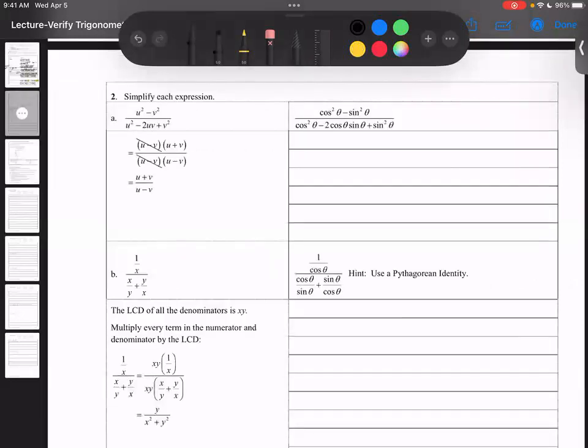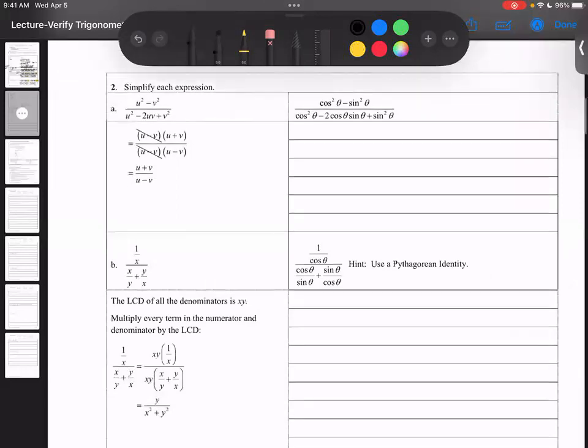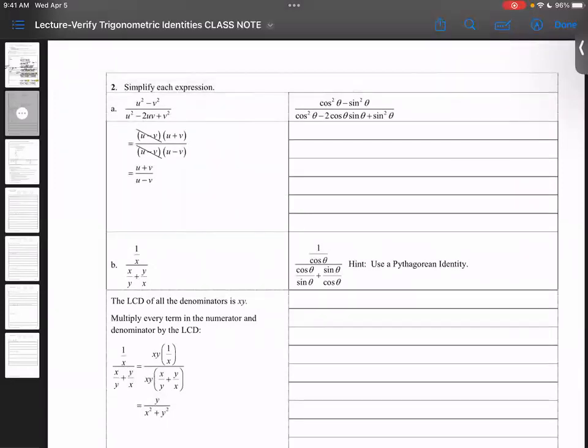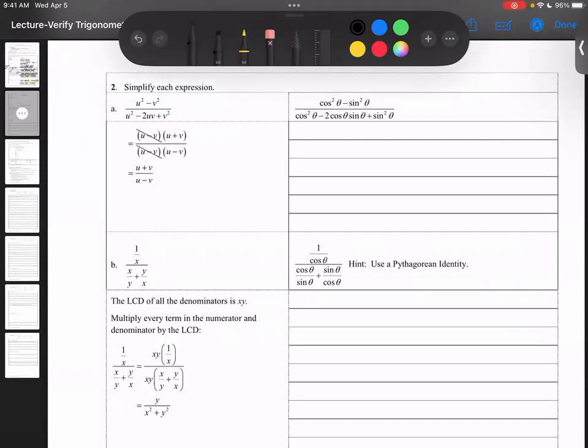Let's take a look at this one. Now a bit more complicated. For the top, what can I factor out? You guys have done this before. Someone tell me what can I factor out for the top?